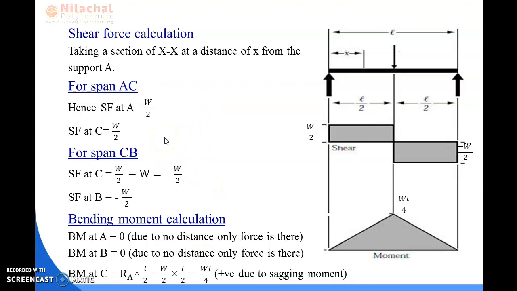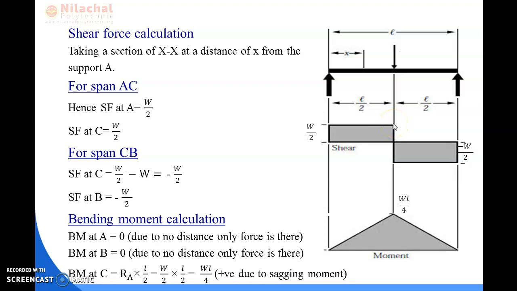In case of the shear force diagram, first of all, the shear force at point A is W by 2. To draw the shear force diagram, we need to draw a reference line here. And then at point A, we got the value W by 2, so we can give a point here. And then at point C, it will be continuing, so here is also W by 2 for span AC.